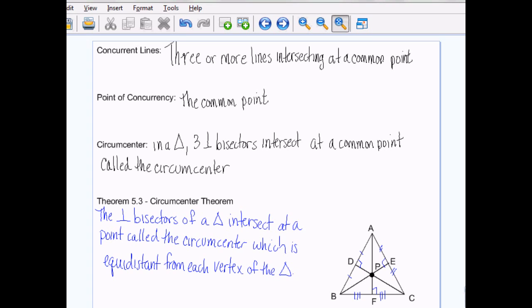So in this particular triangle, our circumcenter is on the inside, which would make this length and this length all the same. Regardless of where the circumcenter falls, if you draw a straight line from the circumcenter to the corner of a triangle, those lengths will all be the same.